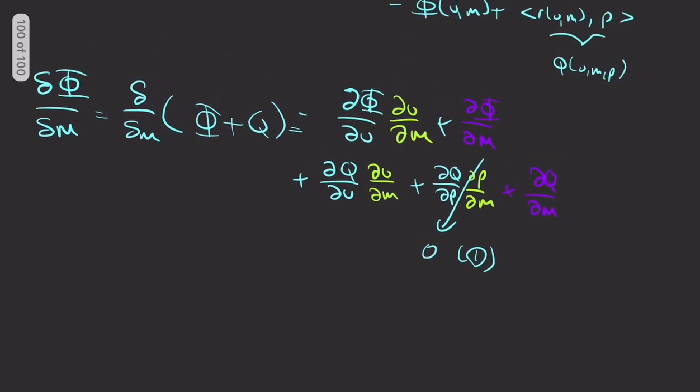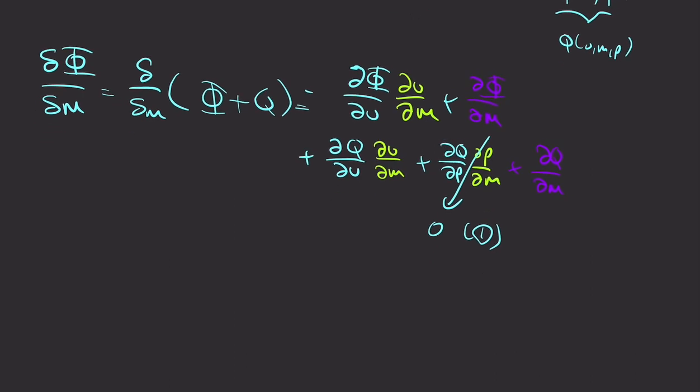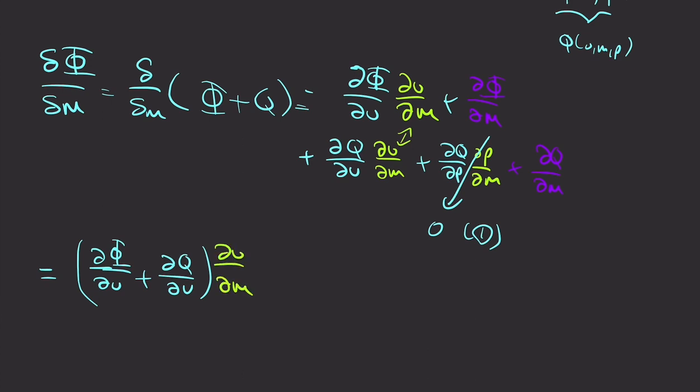Let's just simplify a bit. This is partial phi partial u plus partial q partial u. Those both have this term here, partial u partial m, and that's the problematic term, if you recall from the last video.